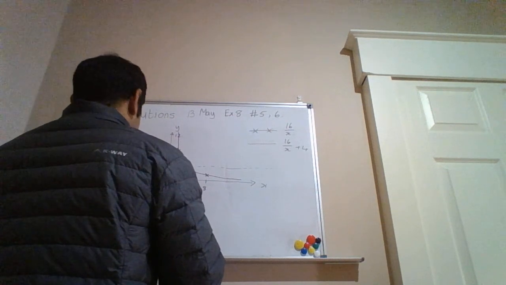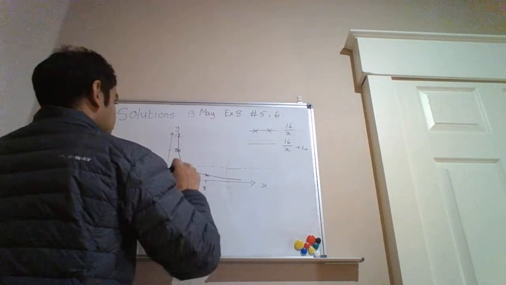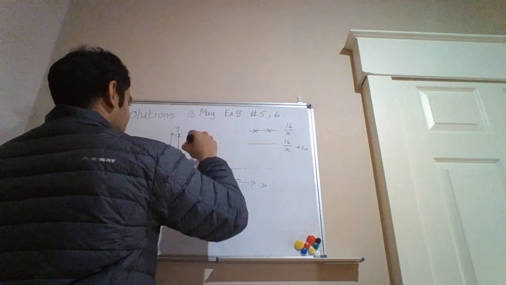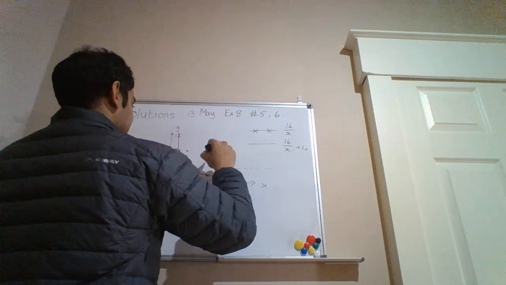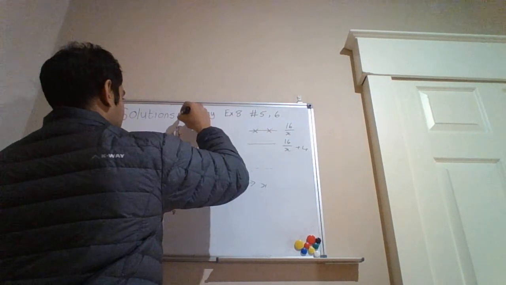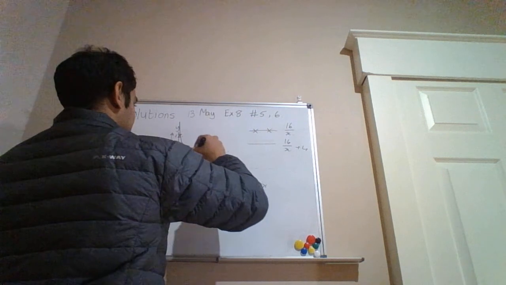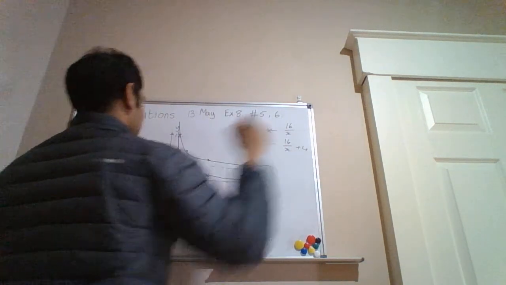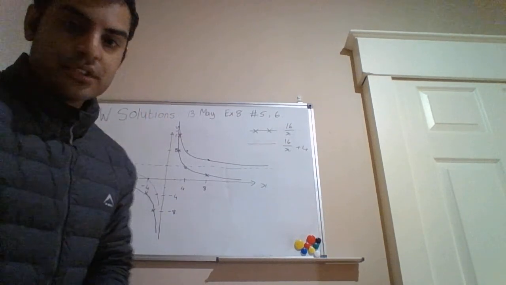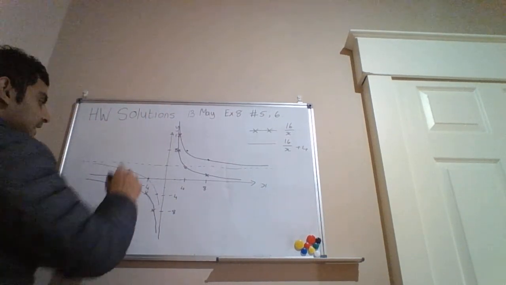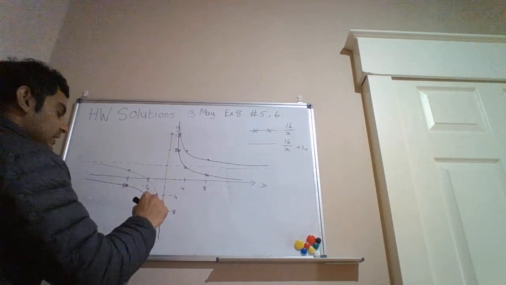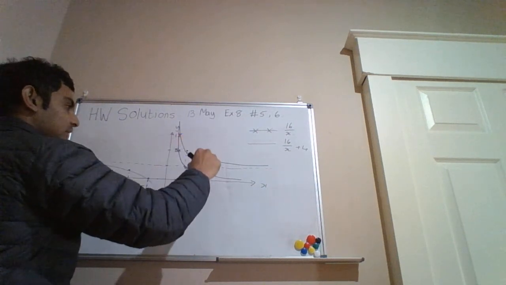Now let's plot the positive points. We've got 2 and 12, 4 and 8, 8 and 6. Now the graph would look something like this. If we compare the shapes of the two, we can see that there's a gap of 4 between all the points.